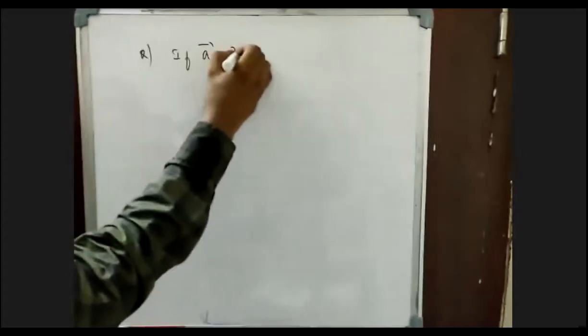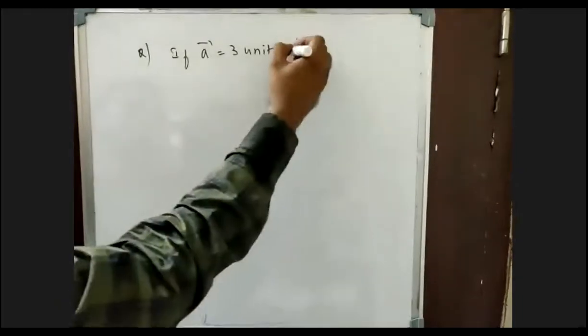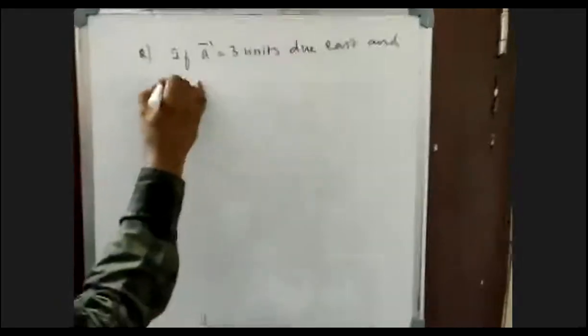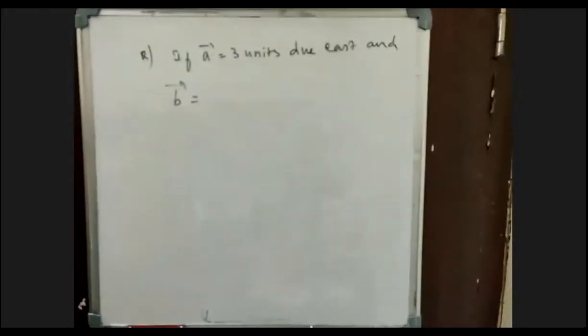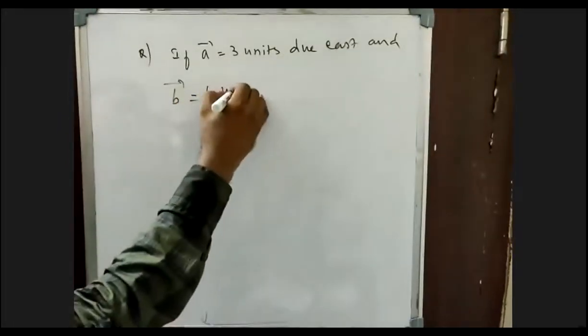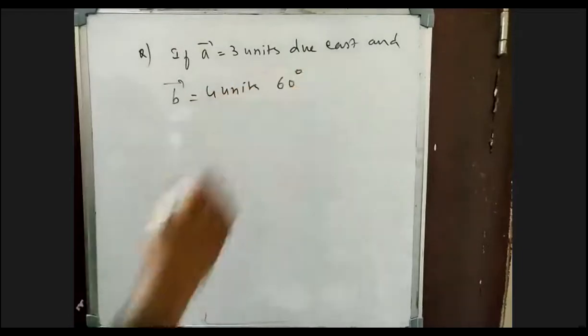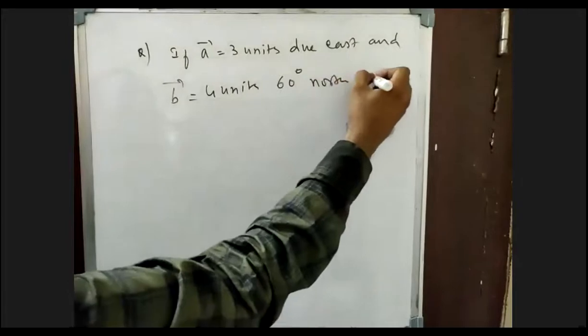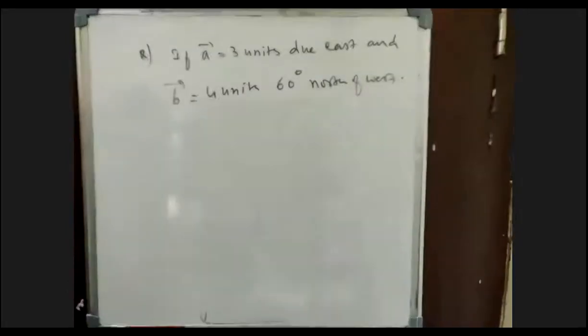If vector a bar is equal to 3 units due east and b bar is equal to 4 units, 60 degrees north of west.